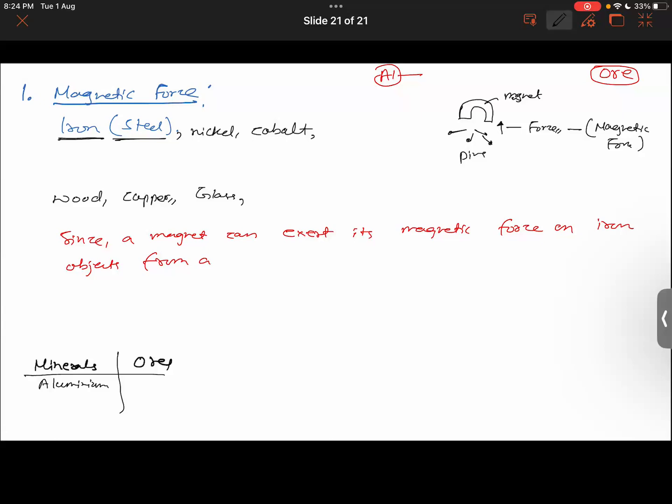Exactly, that is correct. Ore is basically a rock from which a metal like aluminum, or another metal like iron, is extracted. So ore is simply a rock which consists of many impurities.